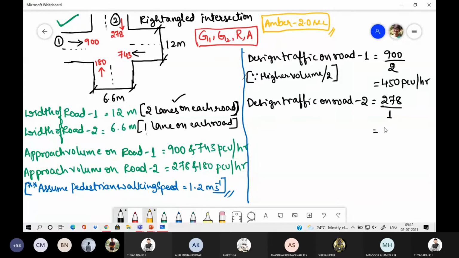So it is equal to 278 PCU per hour. So this will be the design traffic we have to consider. Design traffic means the maximum number of vehicles on the road. That is 900. Since it is having 2 lanes each, we are dividing it by 2. Since road 2 has only 1 lane, we will be dividing it by 1.